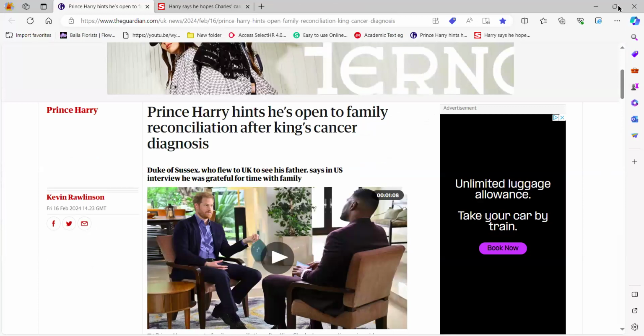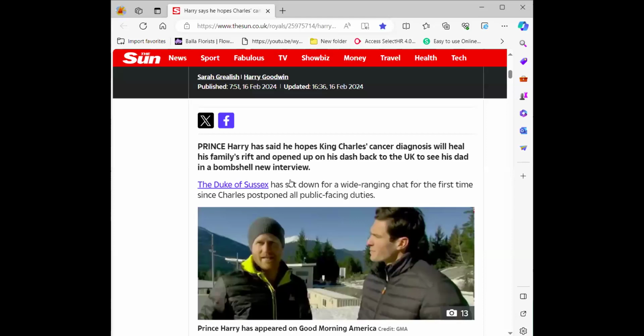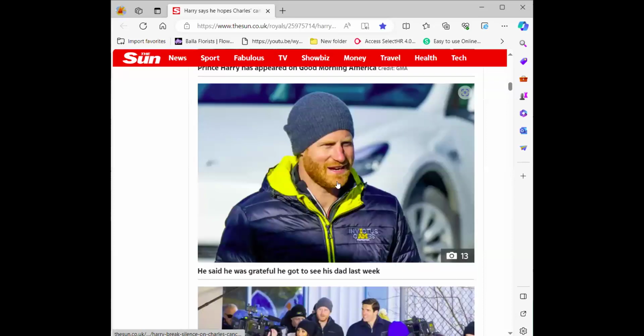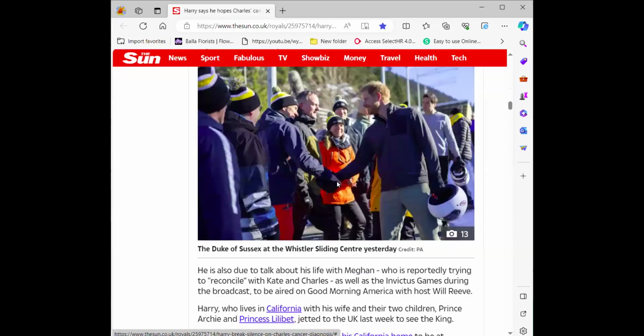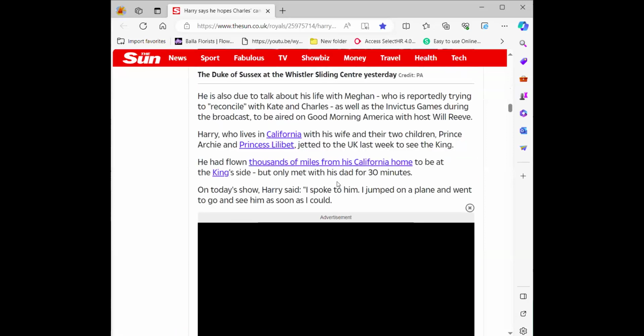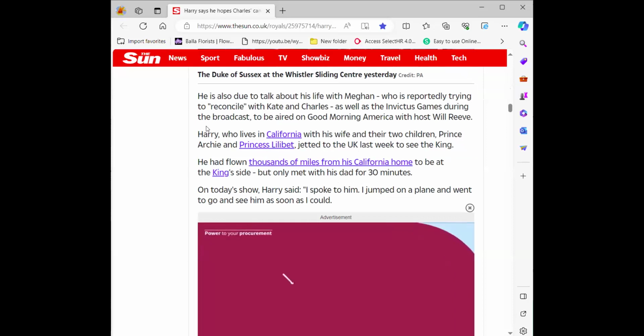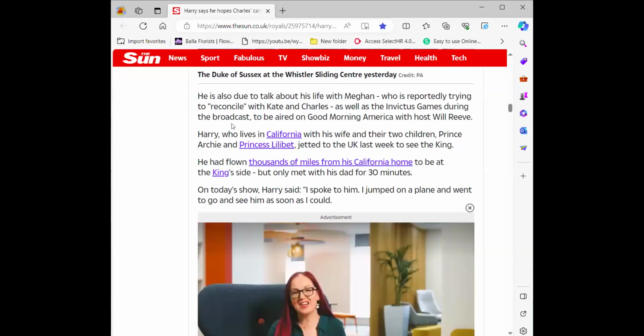And then if we look at the Sun, yeah, so there's lots of pictures in there. So they are making up part of the story, lots of different pictures. So in this story, it refers a lot to Harry rather than Prince Harry or the Prince.